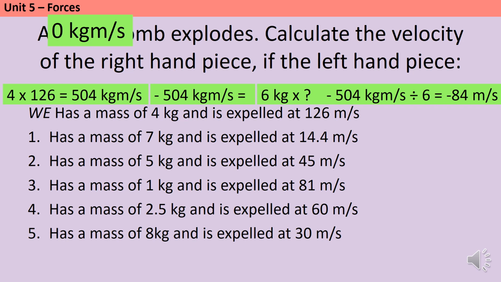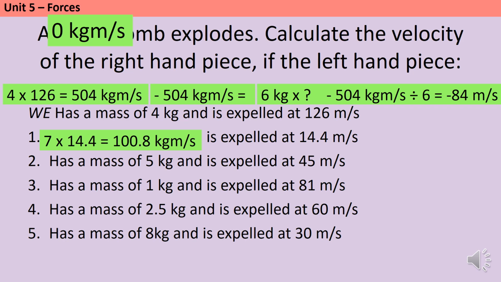For each one of these questions, you need to work out the momentum of the left-hand piece and then divide that by the mass of the right-hand piece to work out the new velocity. So, a 7 kilogram piece of the bomb moving at 14.4 meters per second has 100.8 kilogram meters per second of momentum.